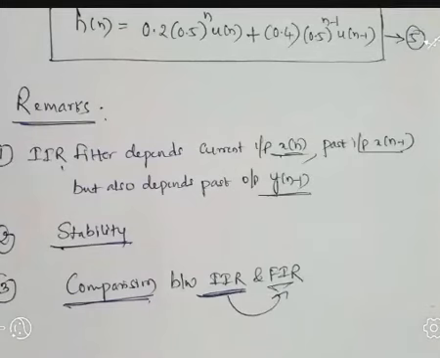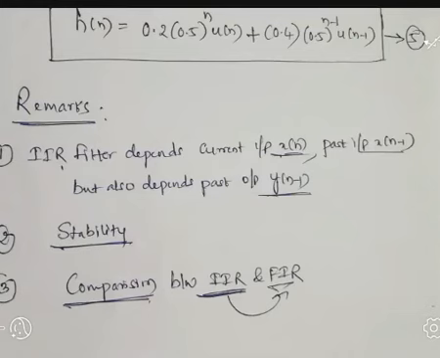So the objective of IIR filter design is to determine the filter numerator and denominator coefficients to satisfy filter specifications such as passband gain and stopband attenuations, as well as cutoff frequencies for the low pass, high pass, band pass, and band stop filters. In the beginning of the session, I told you designing of IIR filters has so many things.